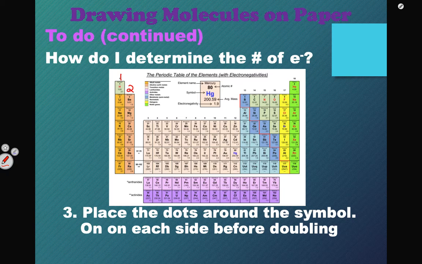Now, depending upon what periodic table you're looking at, the top numbers have a variable numbering scheme. If you look at this one, it numbers it 1 through 18. If you look on the periodic table in the classroom, you'll see that they used Roman numerals, and there's this B group.